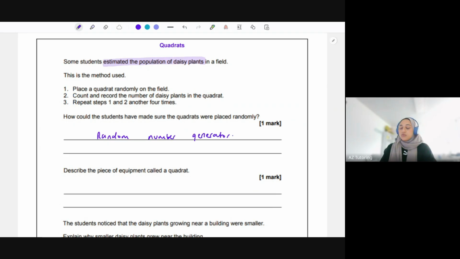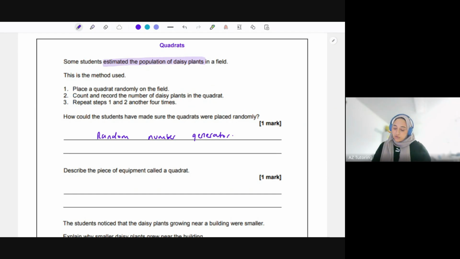So meaning that you'd label each part of the field, assign a number, for example, and then use a random number generator just to randomly pick one of those. So there's no bias, because if you were looking at the field, you might have some sort of bias and choose the areas which have a lot of daisy plants, and that's not representative of the whole field. So yeah, you could just say random number generator.